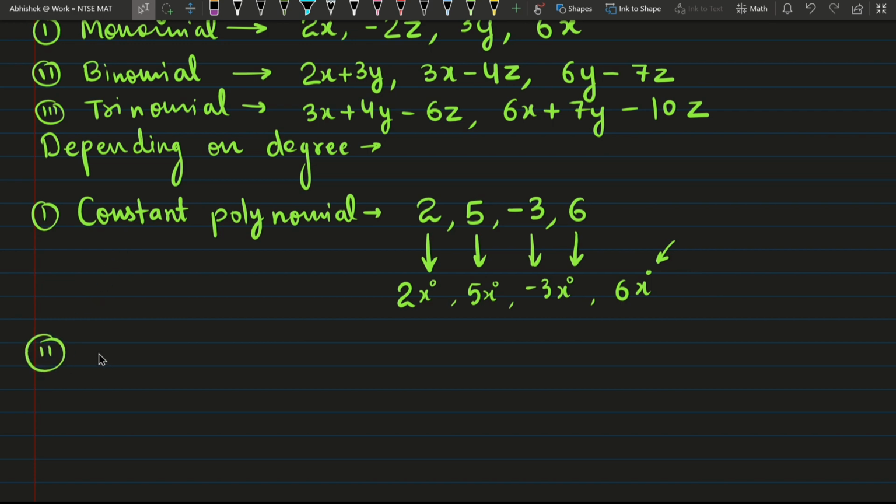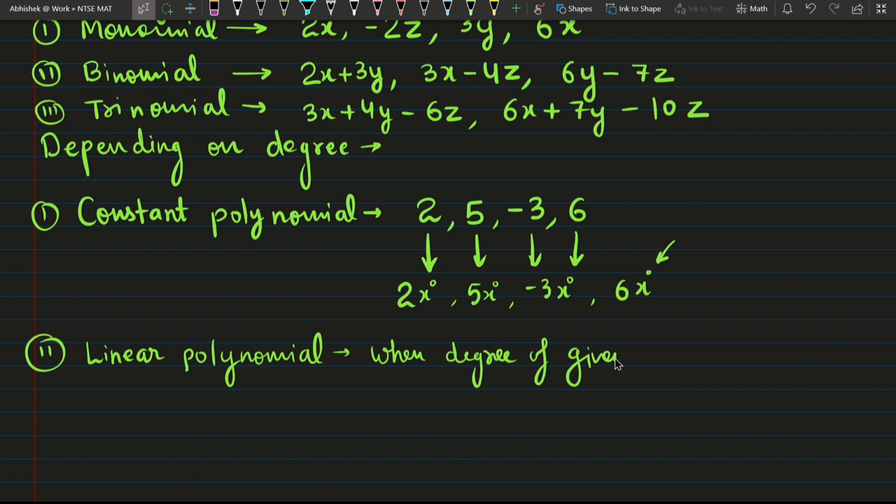Now let's start with another one, linear polynomial. A linear polynomial is nothing but when the degree of the given polynomial is 1.